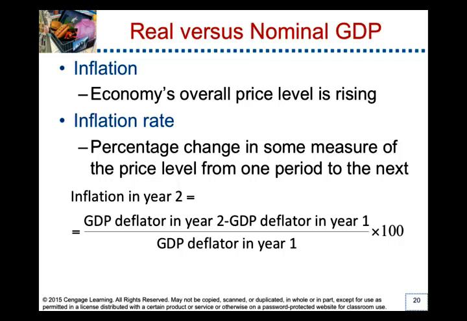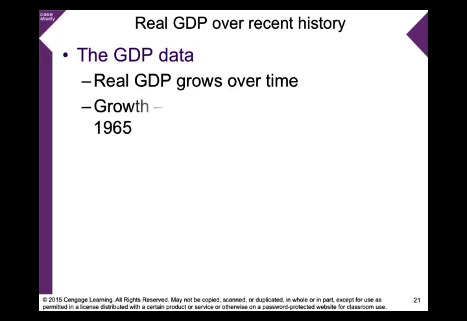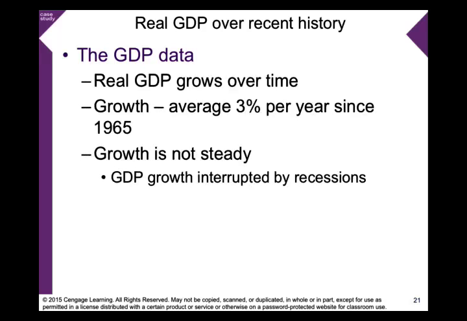So in the example we took before, say you had the GDP deflator in year 2 and the GDP deflator in year 1. Your formula will be like this: you take the GDP deflator in year 2, subtract the GDP deflator in year 1, divide by the GDP deflator in year 1, and multiply by 100.